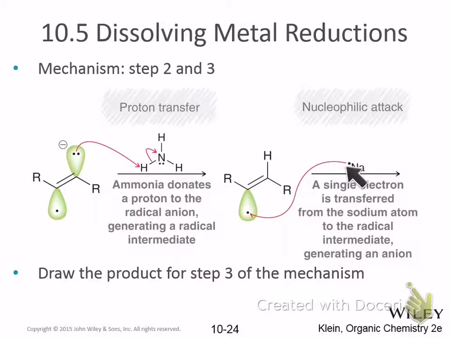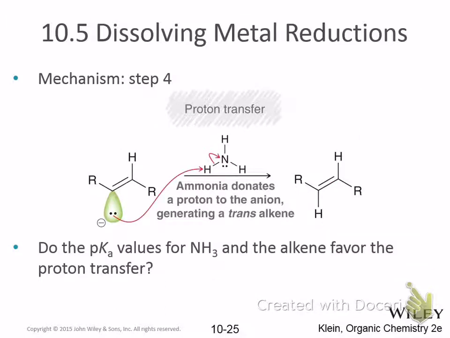And then it'll pick up a second electron from a second equivalent or second mole of sodium. So you get the first electron and the radical anion. You pick up the hydrogen, and then you get the second electron, and you get an anion again. And then this anion can now pick up a second hydrogen, and this is how you end up with the alkene. And the configuration for the alkene is in the trans configuration.